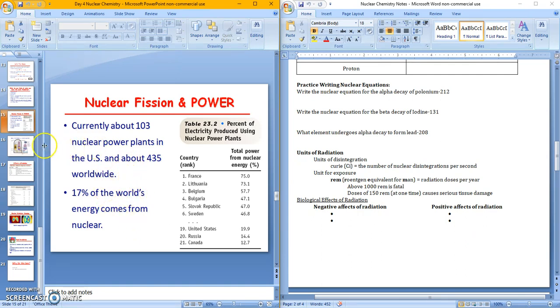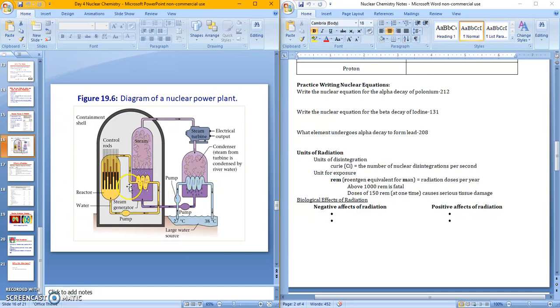A nuclear power plant runs by putting rods into a container. These rods are usually uranium, and as uranium decomposes, as it undergoes nuclear fission, the energy let off from that flows into a container that has water.